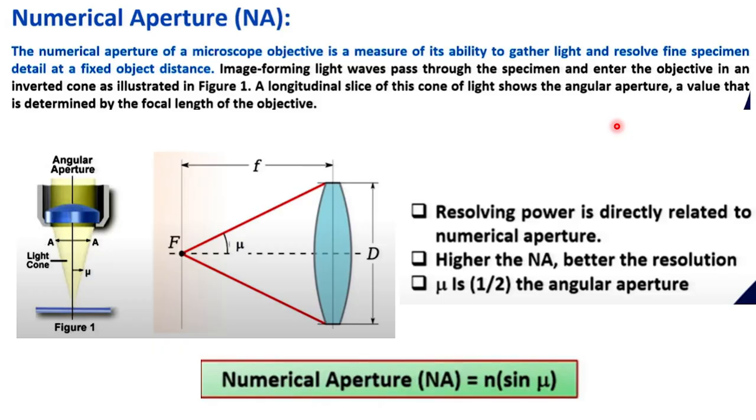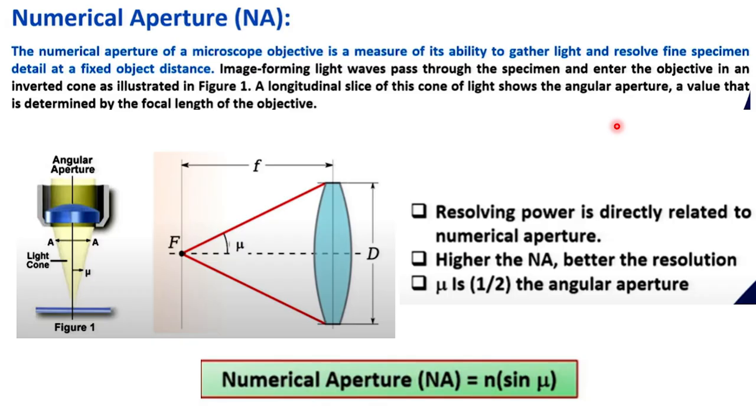The next term is the numerical aperture. The numerical aperture of a microscope objective is a measure of its ability to gather light and resolve fine specimen detail. So the higher the numerical aperture, the higher the resolution of your microscope.